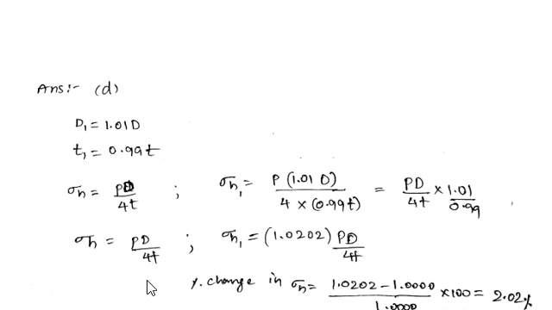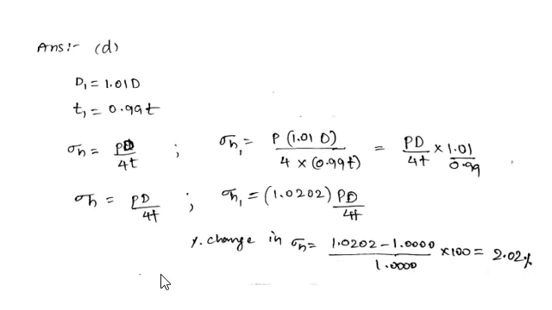And he is asking the percentage change. So when you write the percentage change, we will compare with the first case. Here, in the first and second cases, PD by 4T is common, so we can cancel it, and if you just write these numeric values, this is 1, and the other is 1.0202.